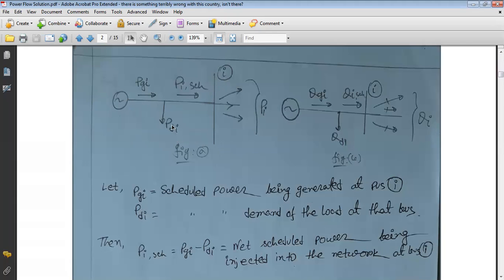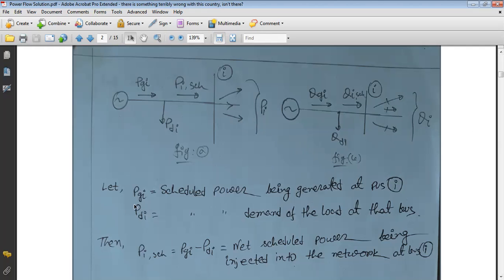Now if there is some demand at this particular bus, then at first the power delivered from the generator will supply the demand of the load. After that, the rest of the power will be delivered from this bus to the other connected buses.